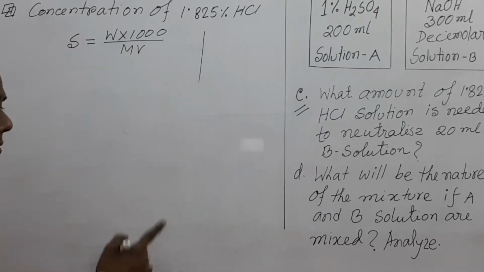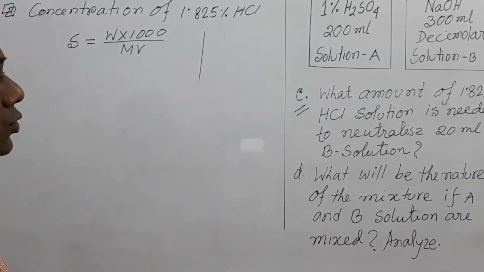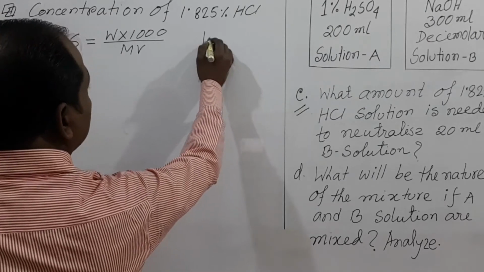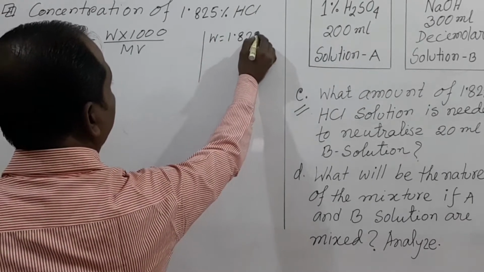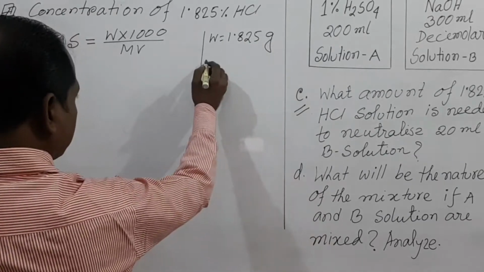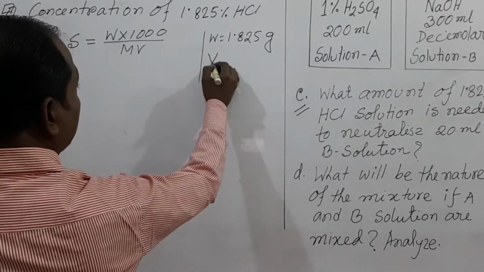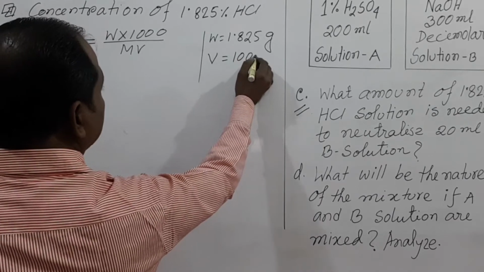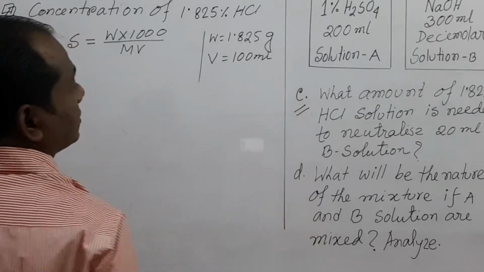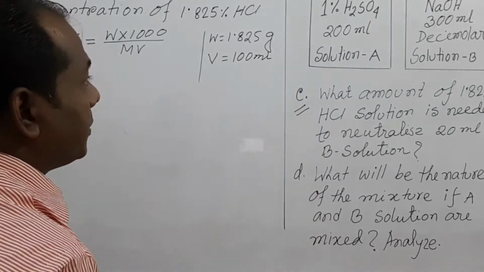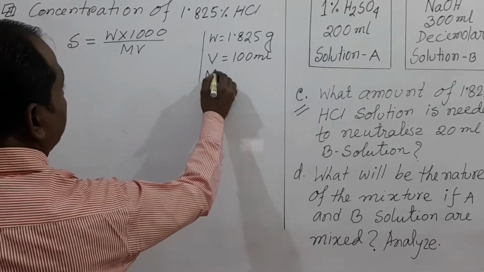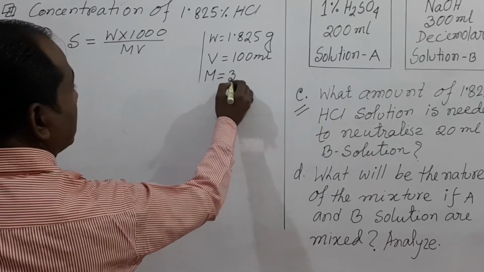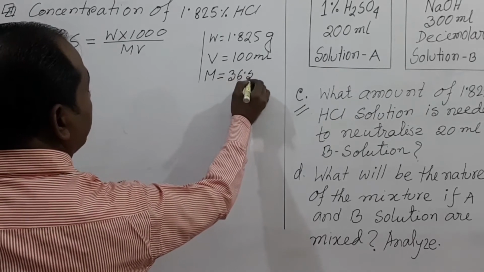Here given 1.825%, that means W equal to 1.825 gram, volume V equal to 100 ml because here given percentage, and molecular mass of hydrochloric acid is 36.5.